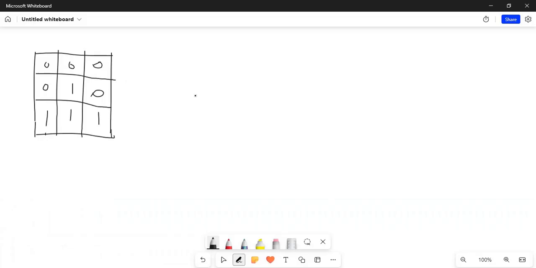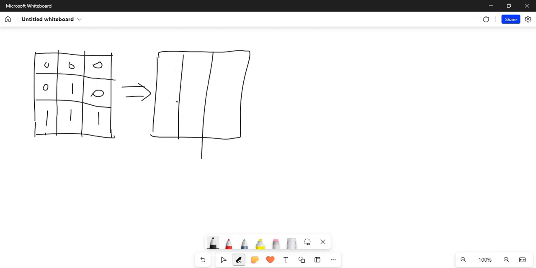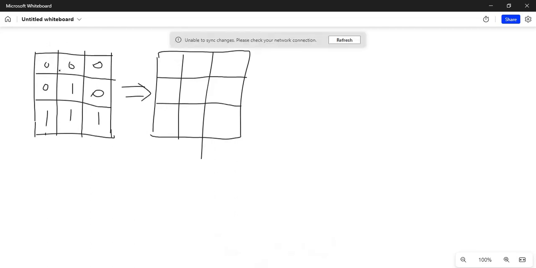We have to find the nearest zero cell. Let's start for this. For each cell you have to find the nearest zero cell.